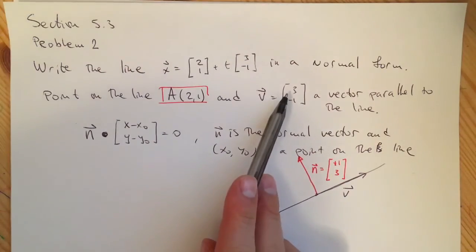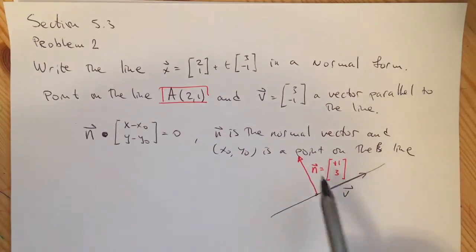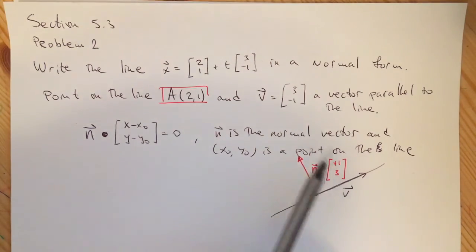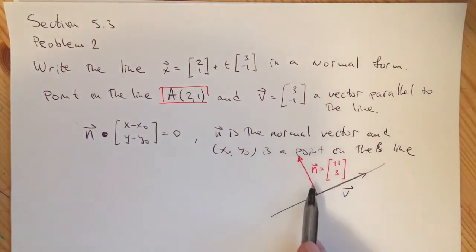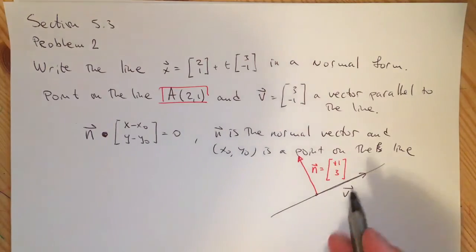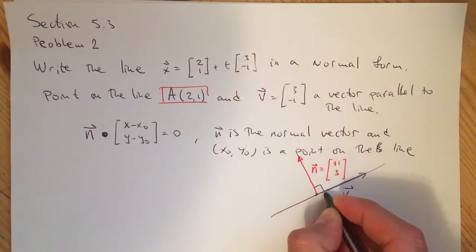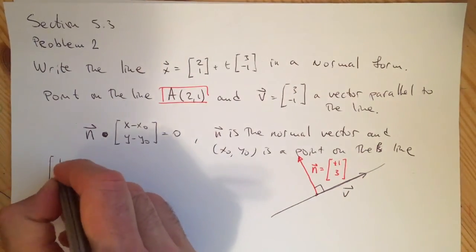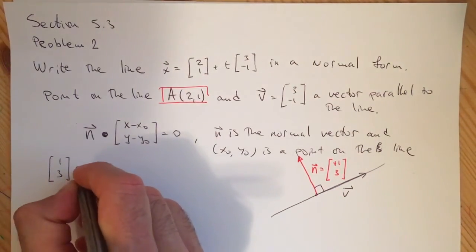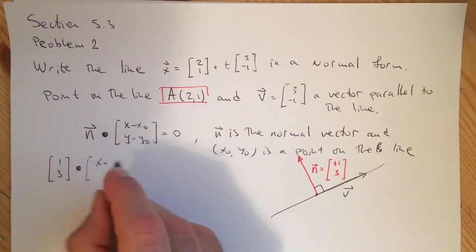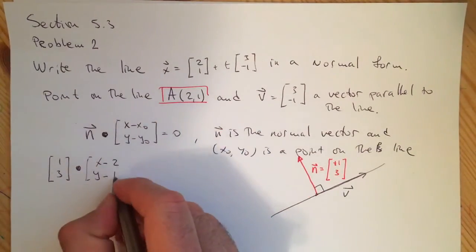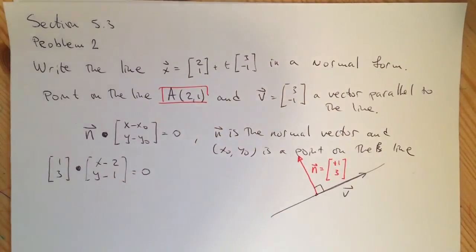You can always do the dot product. For in R2 it's very simple. 3 times 1 is 3, -1 times 3 is -3, 3 minus 3 is 0, so the dot product between these two vectors is 0, which means that they're orthogonal. And there you go, you have the vector 1 and 3, dot product x minus x naught, which is 2, y minus y naught, which is 1, and this is equal to 0.